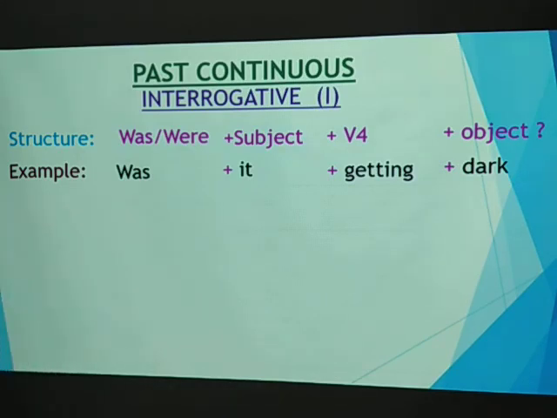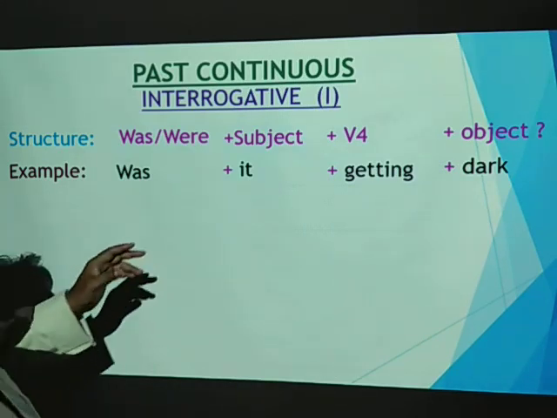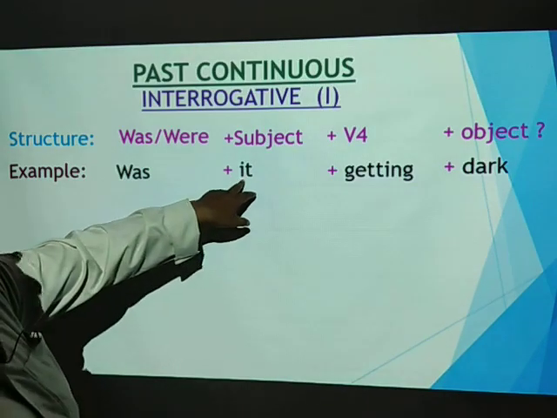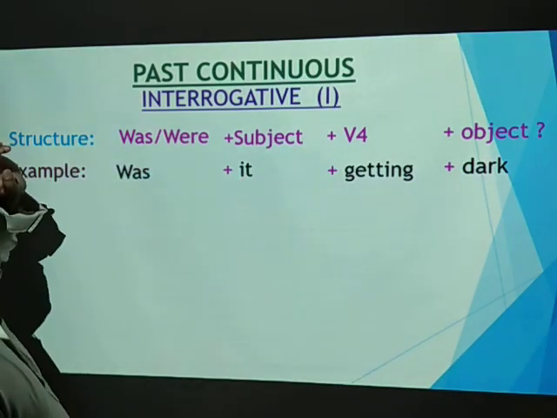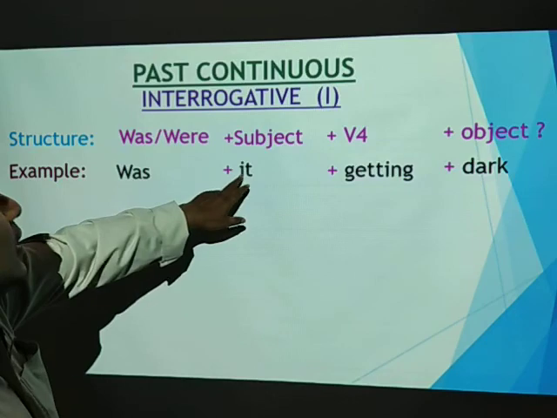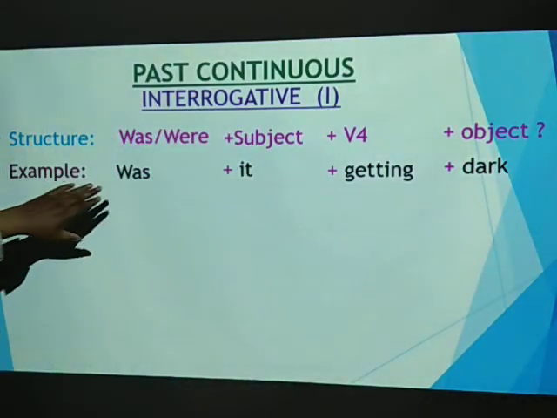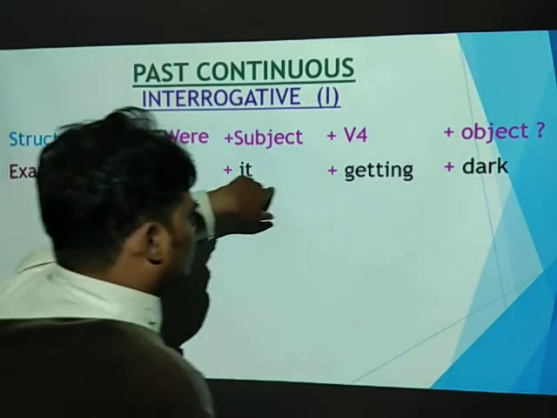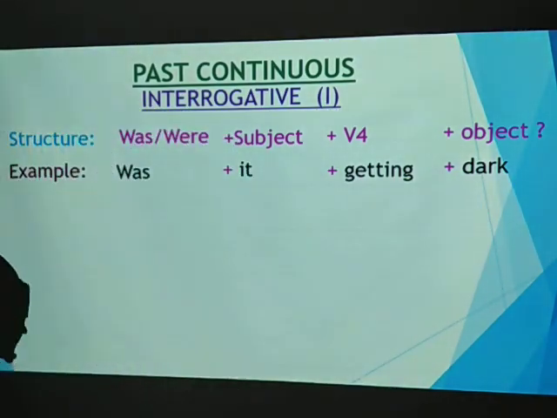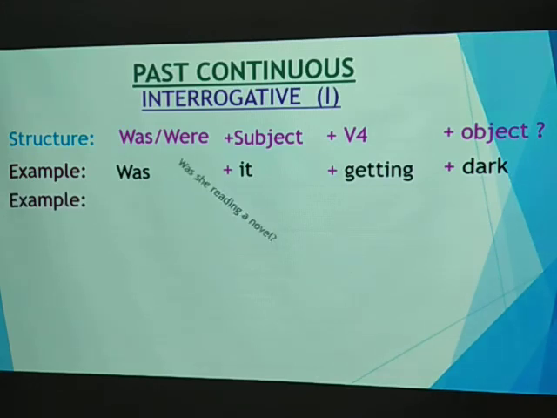Was it getting dark? You can see that in the previous, affirmative sentence, it was getting dark. Now it has changed to was it getting dark. This is how interrogative sentences in past continuous form arise. Next, some other examples.